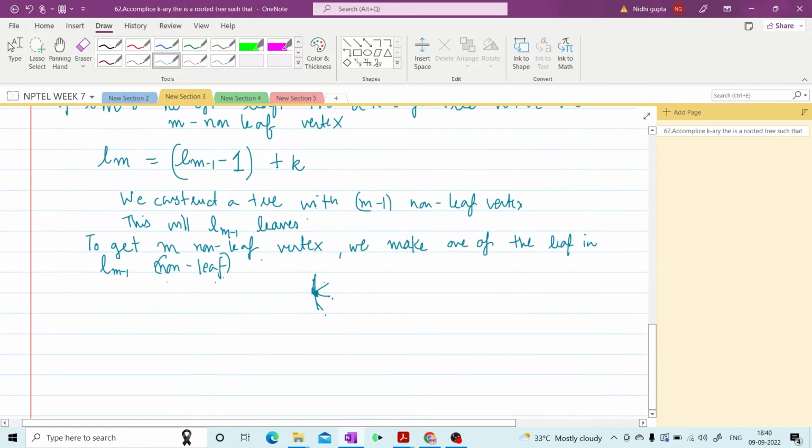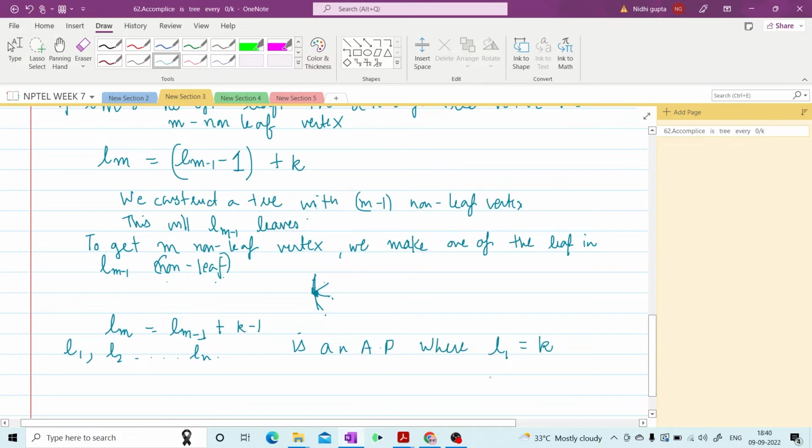So we see that we are getting a recurrence relation like this, where Lm is equal to L(m-1) plus k minus 1, and we see this sequence L1, L2 and so on is an AP, where our first term is L1, which is k, which we have computed, and common difference is k minus 1. So what is Ln by the AP formula?